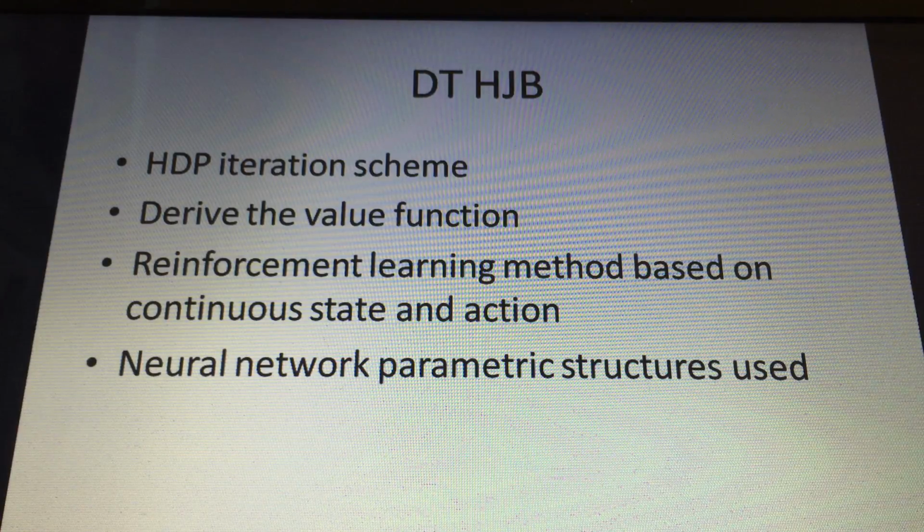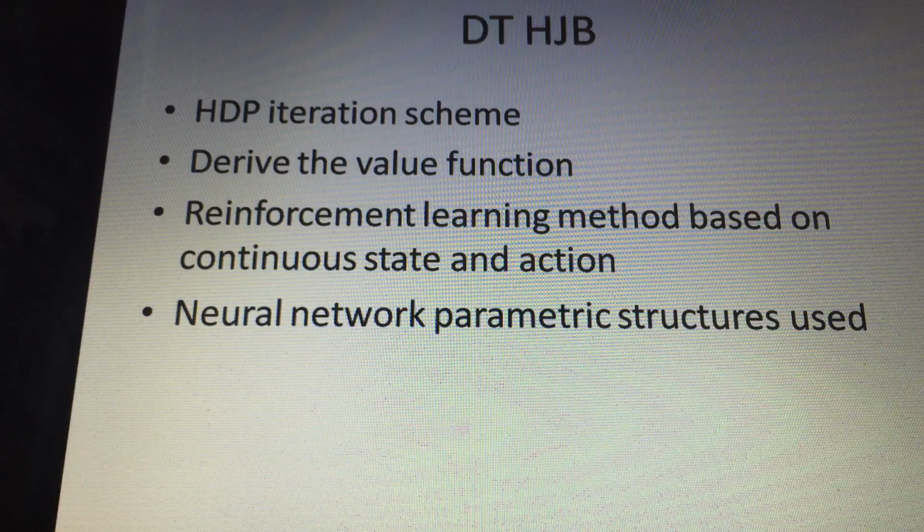It provides a learning method based on continuous state and actions. It also uses neural network structures to approximate the optimal policy and value functions.